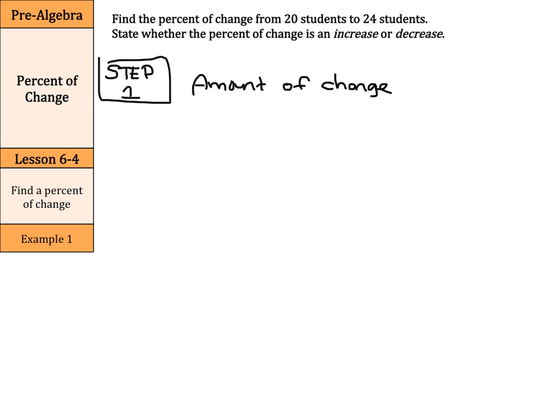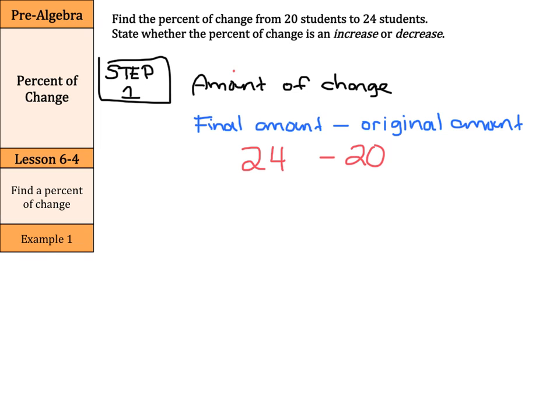Now, to do this, it's going to be our final amount minus our original amount. So we went from 20 to 24. So our final amount here is 24 minus our original amount, which was 20. So our amount of change is equal to 4.